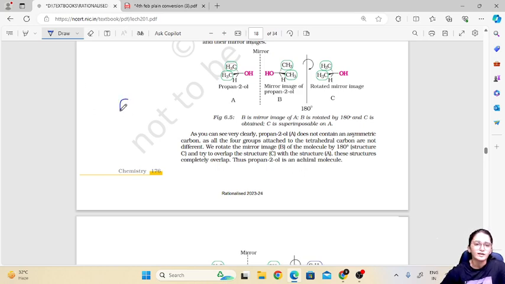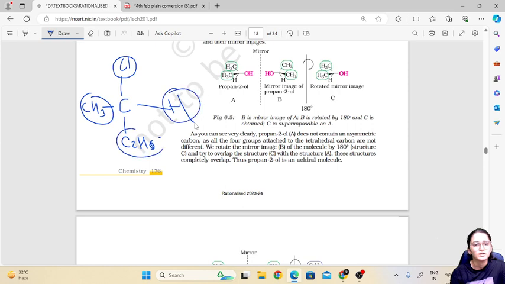If I have a carbon, and this carbon has Cl here, H here, C2H5 here, and CH3 here, then this carbon has four different groups. Such a carbon is called a chiral carbon.